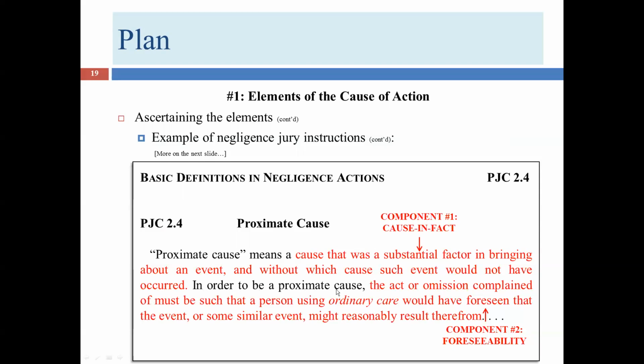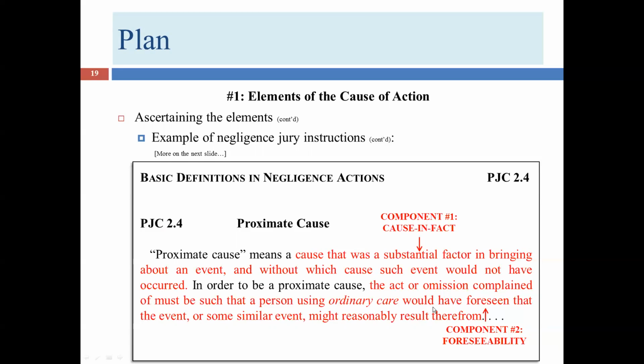In order to be a proximate cause, the act or omission complained of must be such that a person using ordinary care, again we're seeing these words again, would have foreseen that the event or some similar event might reasonably result therefrom. So there are two components to causation. We have cause in fact, which is substantial factor, and we have foreseeability, which is the second one. And you can see that in this definition, we're addressing both of them.